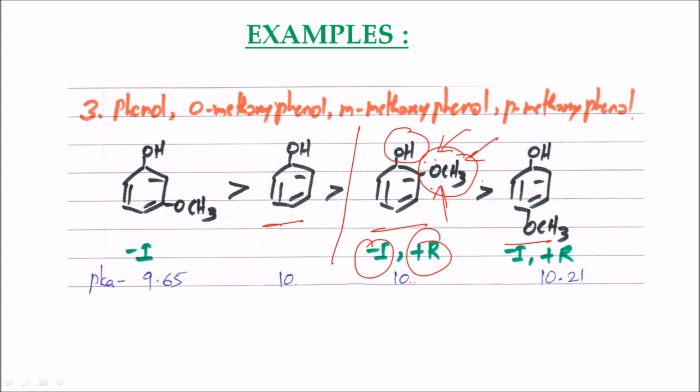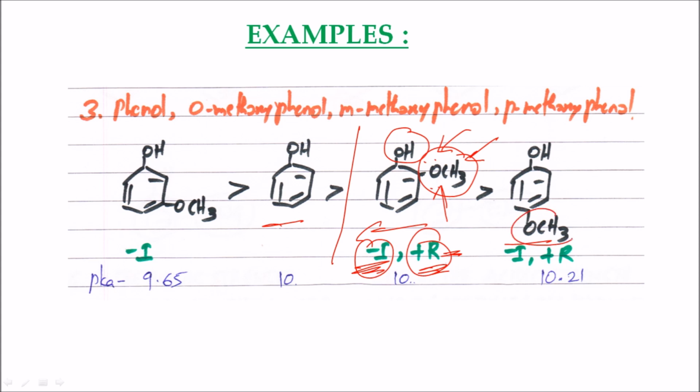There will not be proper resonance possible. So if there is no plus R effect, or slightly less positive resonance effect, there is more minus I, which is electron withdrawing. So electron donating is less here compared to para.